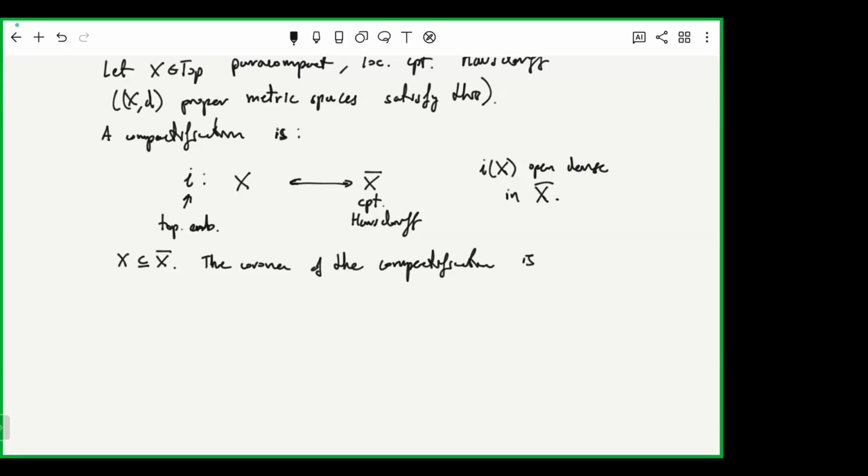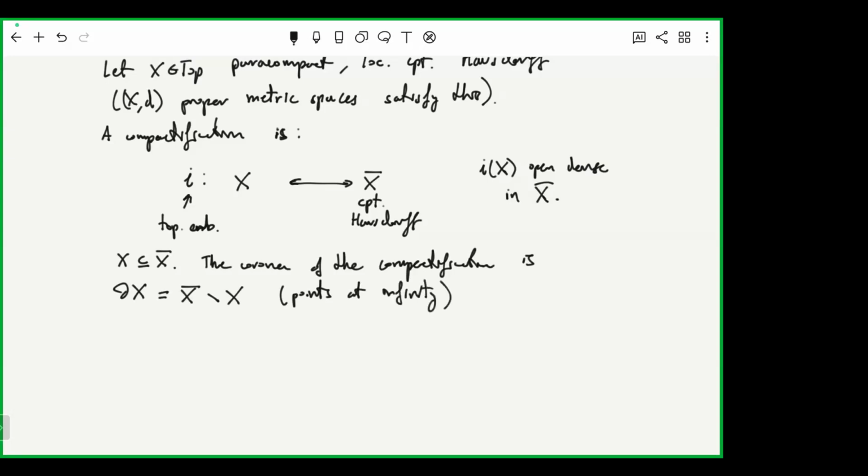It is the complement of X in the compactification. So this corona is the space of points that we're attaching to X. These are the points at infinity, right? Points at infinity.